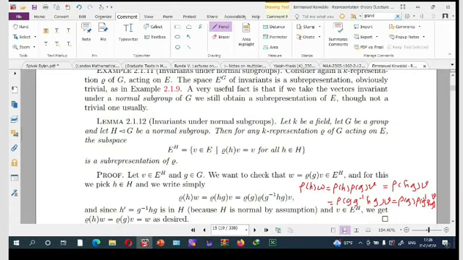But we know that this is an element of H, because H is a normal subgroup.